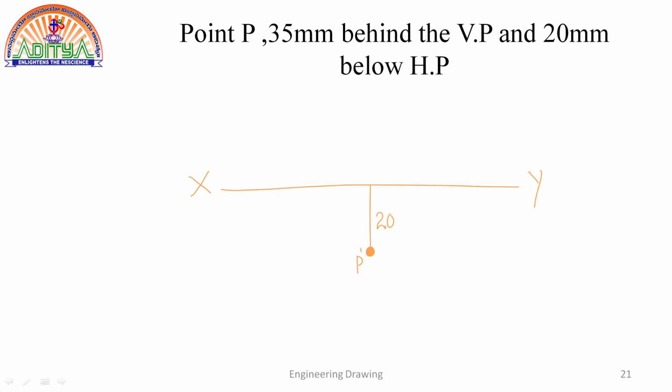Above the reference line we are getting the top view, and this is the point P, and this top view is represented with P with a dimension of 35. So, this is the final solution for the given question, when point P is 35 mm behind VP and 20 mm below HP. This is the final solution. Next we will go for another question.